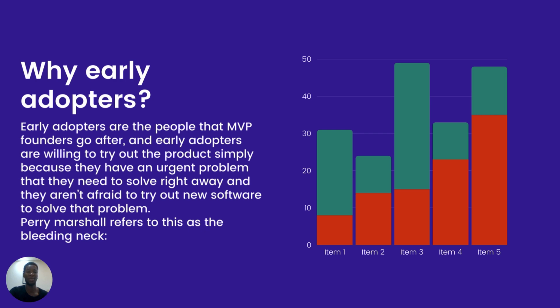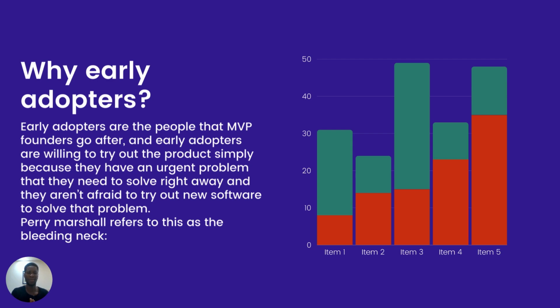Well, the reason is the fact that early adopters are, like the name implies, the ones that use the application before anybody does, right? And early adopters really are the people that MVP founders go after, while MPP founders go after everybody within their target market.